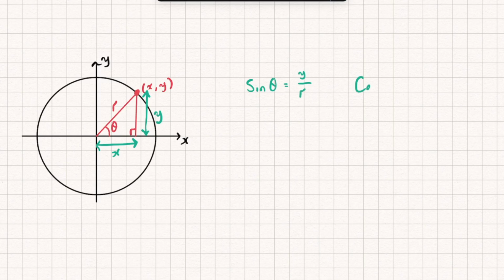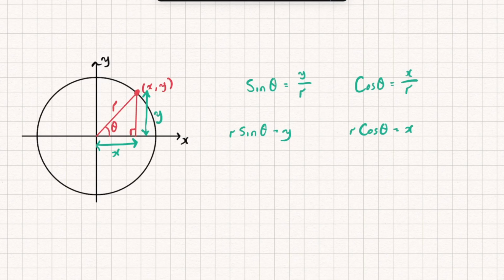And what about cosine of the angle? What's cosine of theta? Well, that's the adjacent side, which we've called x, divided by the hypotenuse, which again has length r. Now on both of these equations I'm going to multiply both sides by r, and so the equation on the left hand side is going to turn into r sine of theta equals y, and the equation on the right is going to become r cosine of theta equals x.